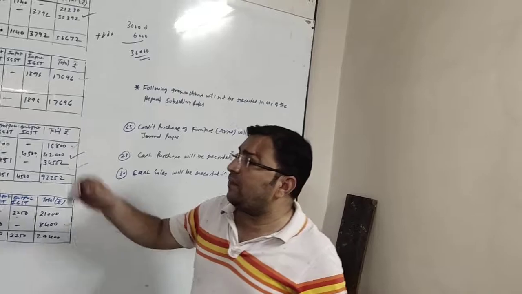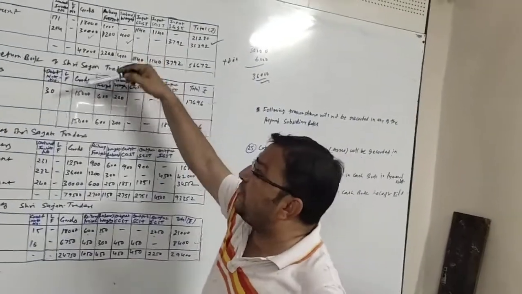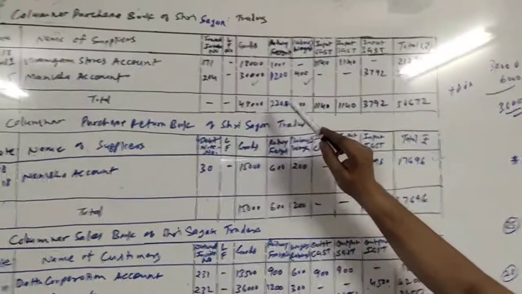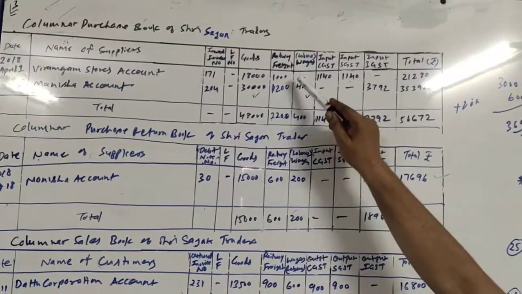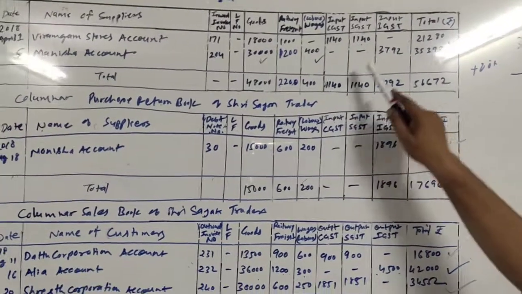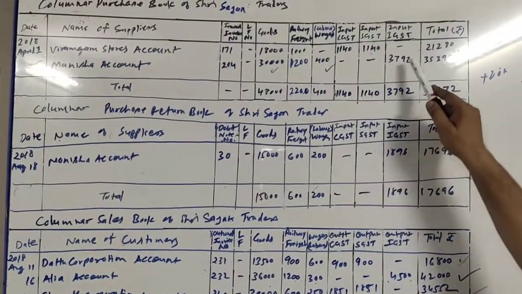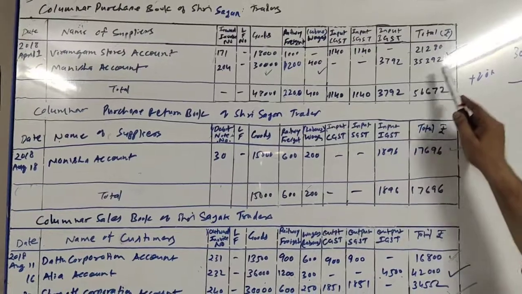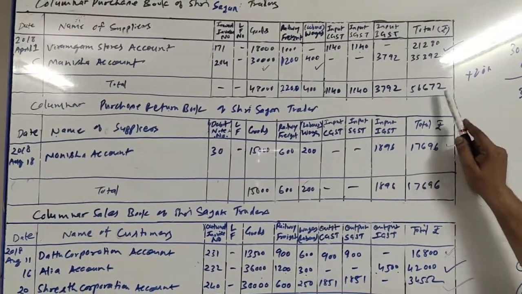Now here the transactions come to an end. We will be making total of all such books. So when we make total of purchase book, it is 48,000 goods column, 2,200 railway freight, wages 400, input CGST 1140, input SGST 1140, input IGST 3792, and total 56672.